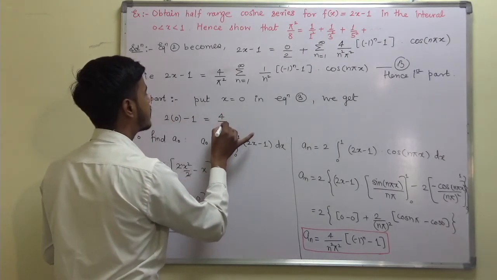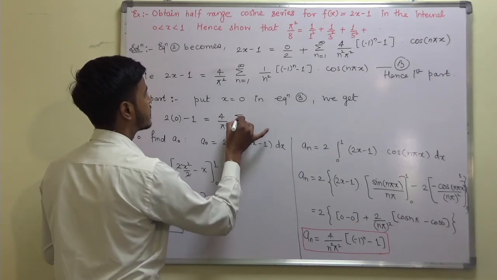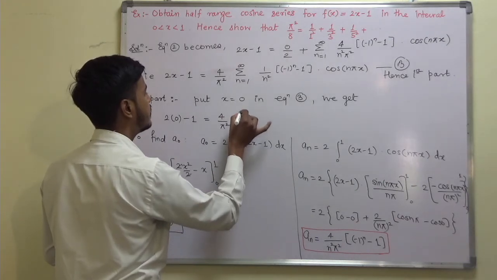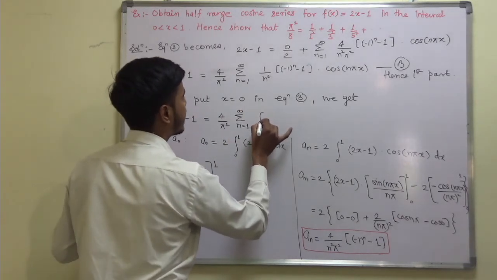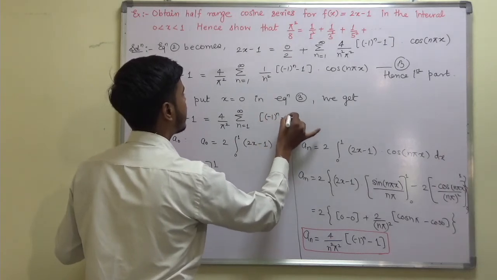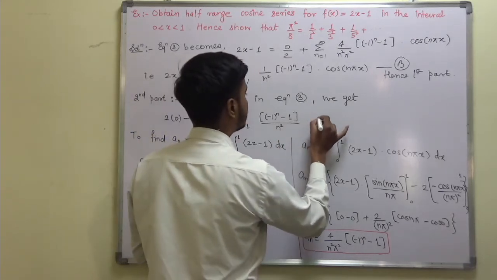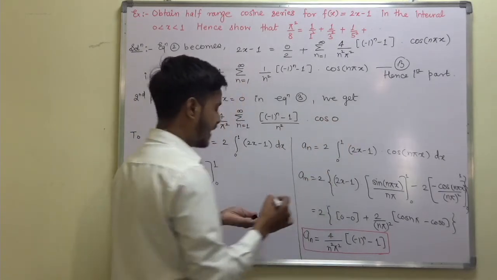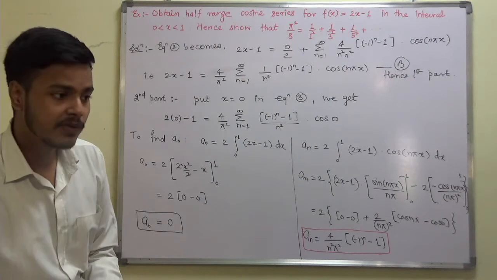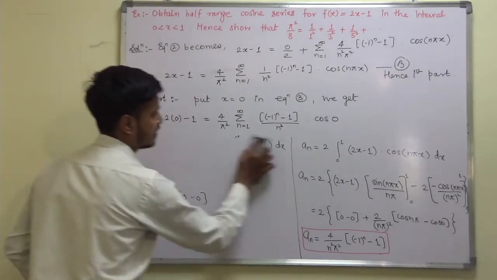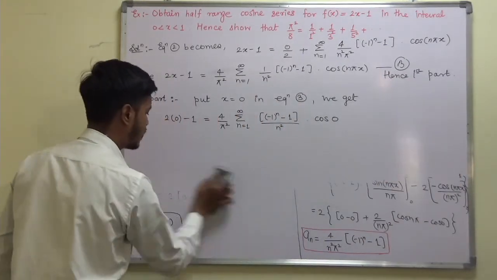is equal to 4 by pi square times the summation from n equals 1 to infinity of minus 1 to the power n minus 1 upon n square into cos 0. And everyone knows what cos 0 is. Cos 0 is 1. So you can solve further.